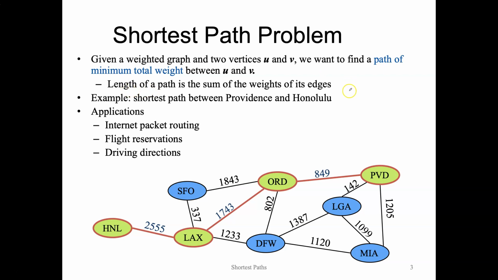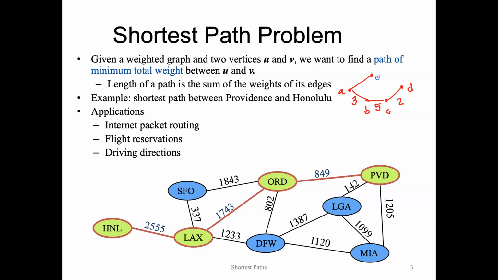So for example, if we have here, let's say vertex A, B, C, and D, and a weight associated with each edge, let's say 3, 5, and 2, then the length of this path is 10. This is 3 plus 5 plus 2. Versus, let's look at a different path now.